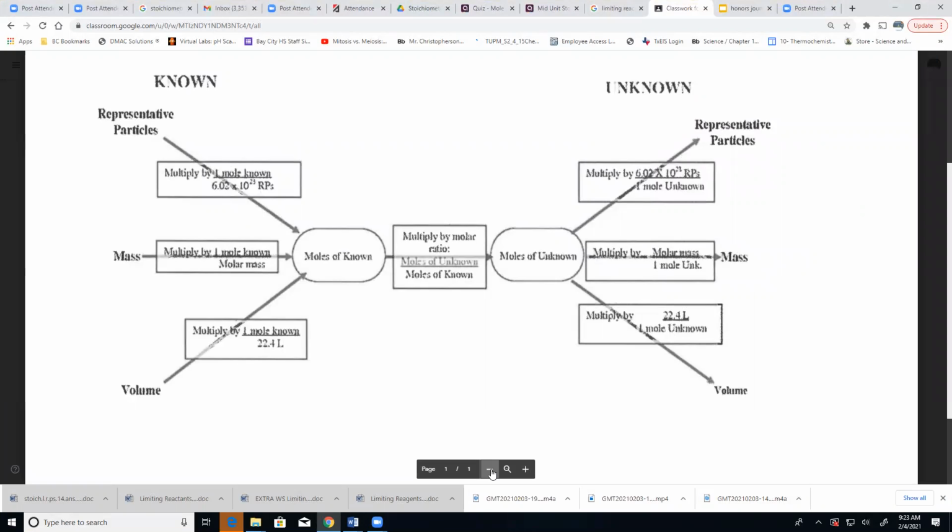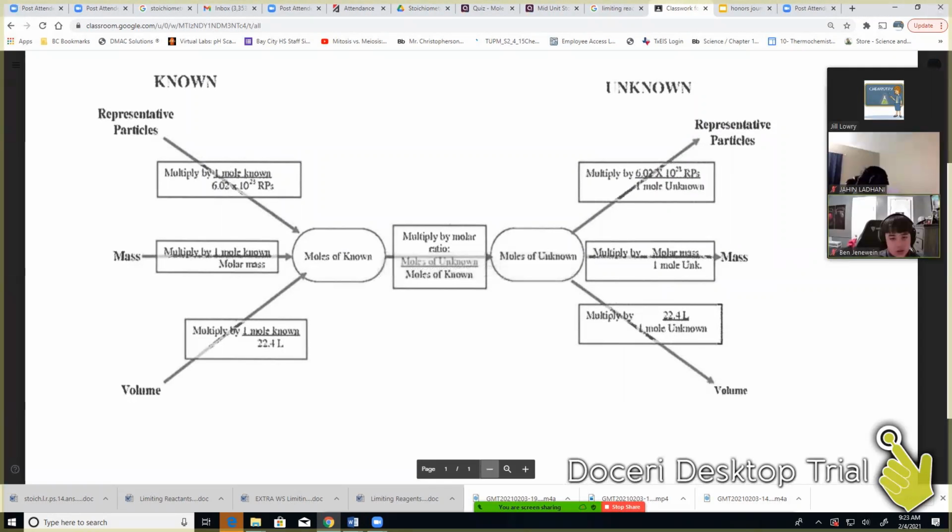All right. So first of all, notice that this is my known side. This is my unknown side. Whenever you see a square, a box, those are conversion factors. So you're going to multiply as we go from our mass to our mass.